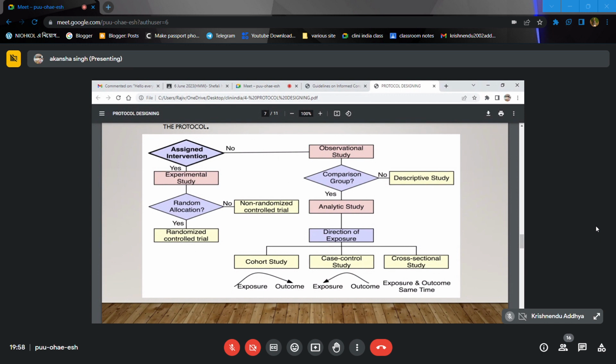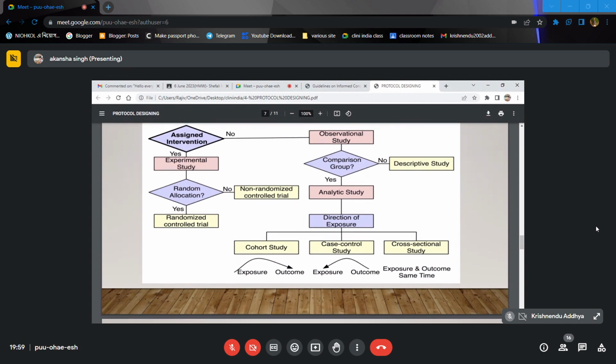We'll see more detail in the next class. So that is the type of observational study we follow. We have to see the exposure and outcome at the same time. If we don't have that, we have to do a descriptive study like an epidemiological study or literature review. It becomes a descriptive study. So this becomes your protocol, how you design a study.